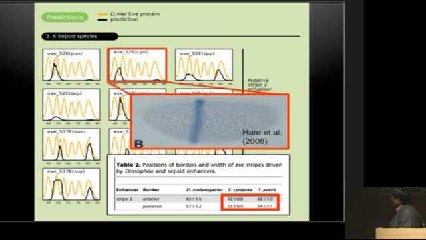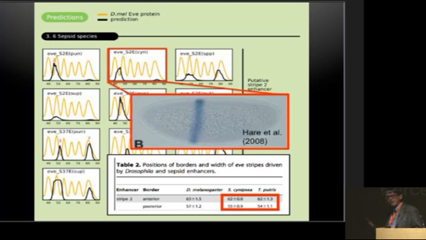That's essentially what you're seeing here. We exaggerate the size of the shift by maybe 1 or 2 nuclei. So this is not up to the level of quantum electrodynamics, but in the context of biology, this isn't bad. And these are basically non-homologous stripes.